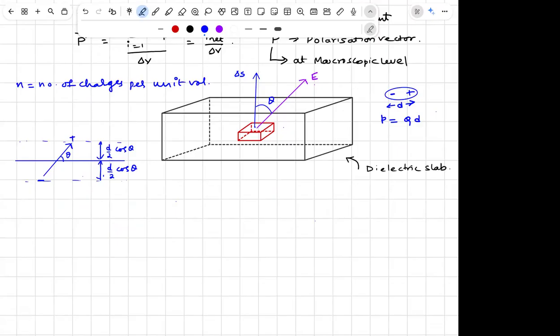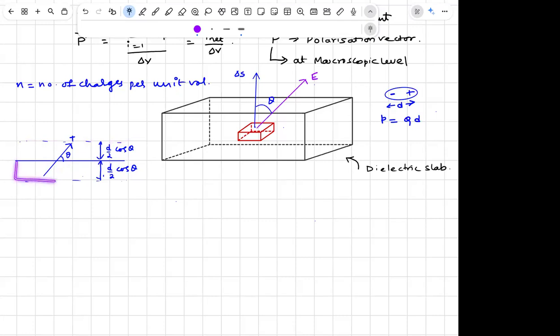Any charge lying within a distance of d by 2 cos theta, in this zone, will now cross upwards.